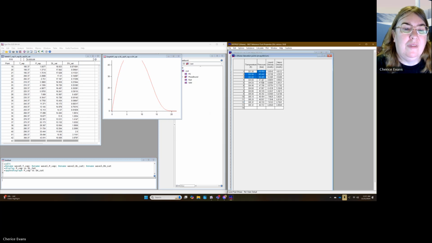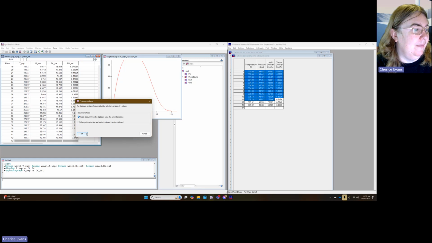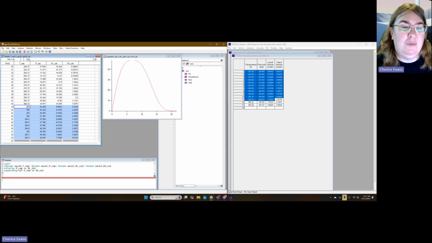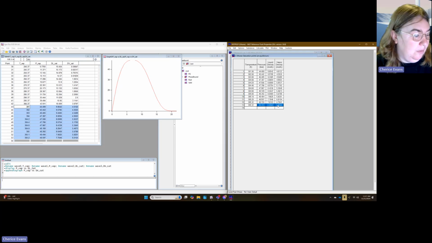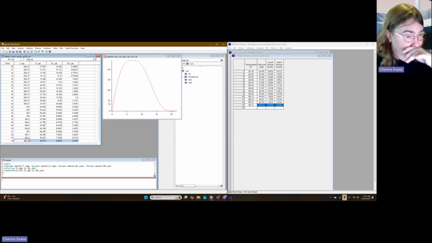So I'm going to put in these and just copy and paste them. And you can see I've now got a smoother line, and then I'll put in the final one. And now I have my smooth phase boundary.